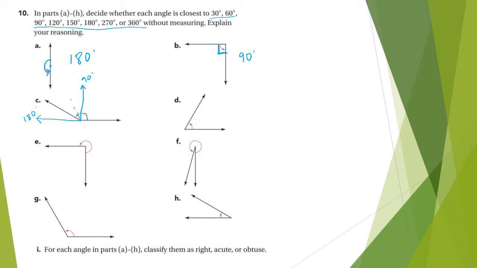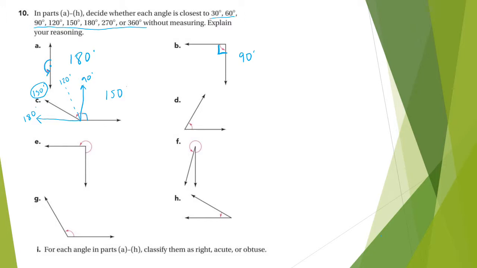So for example, if I divided this part here into thirds, because I know that I could add 30 more to make 120, about 30 more would make 150, and 30 more would make 180, that tells me that 150 is probably a pretty good estimate of this particular angle measure.